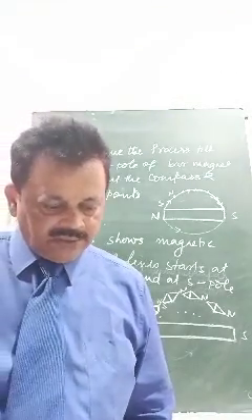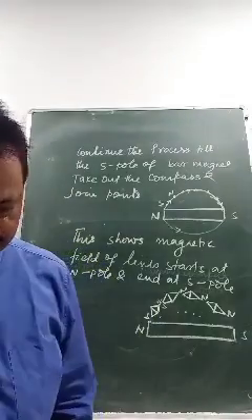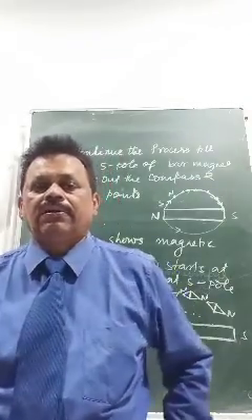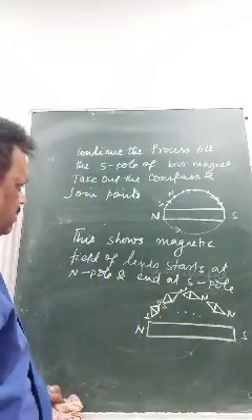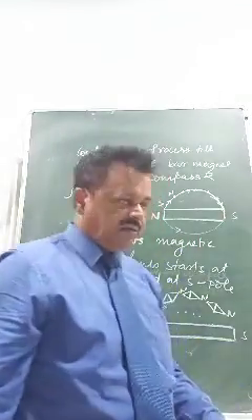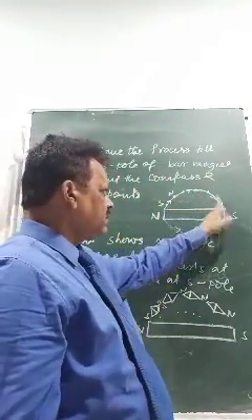Okay, then comes up, as I told you, the magnetic effect when a current passes through a conductor. Now one point you will start remembering: magnetic field of lines always starts from north and ends at south.